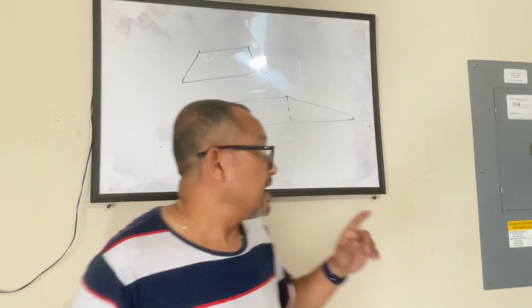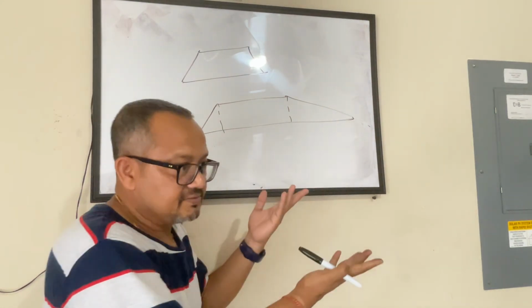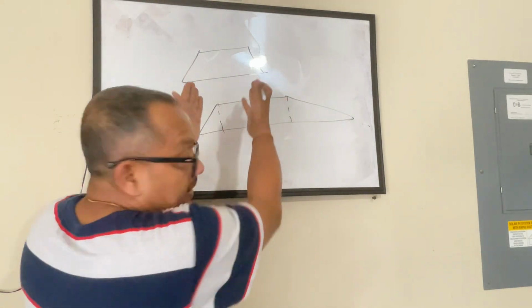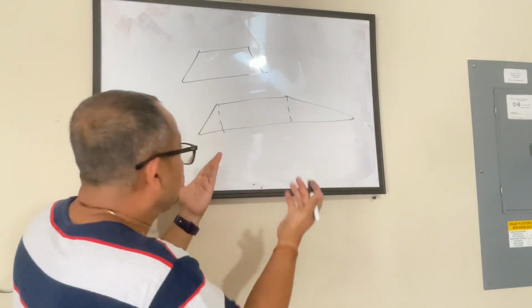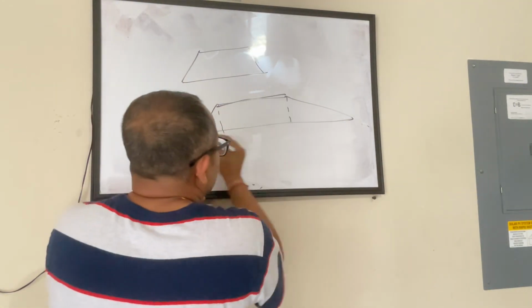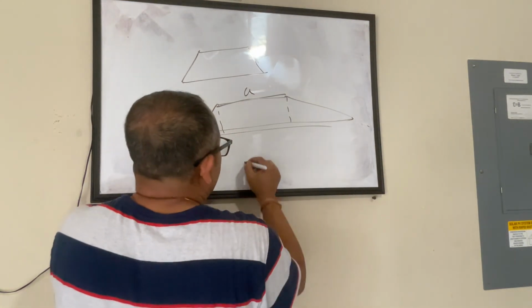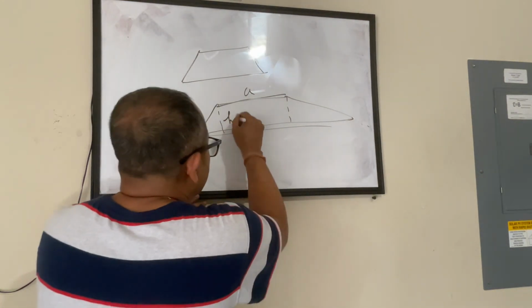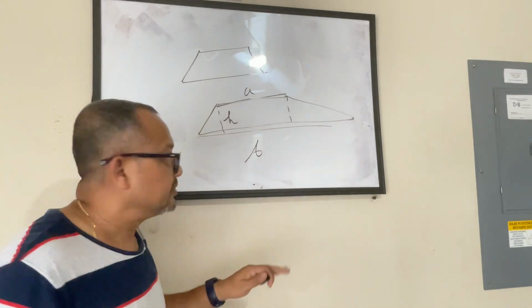So what I'm saying is, if you come across any problem like this, think about it. Break it down and then try. Here, we have to find out the area of a trapezium. What did we know? These two lines are parallel. This is my a and this is my b, and the height between them is h. That's the only thing we knew.